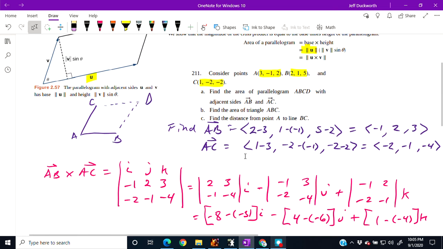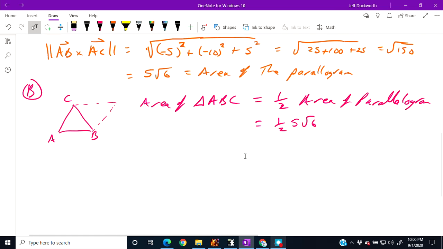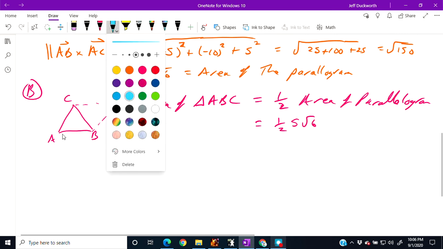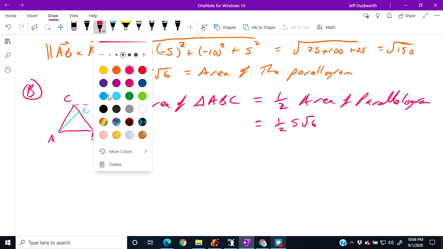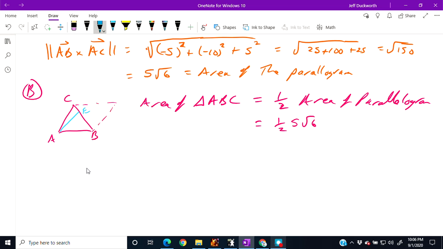And part C, the distance from point A to the line BC. So we're looking for this distance here. So I'm going to label another point E. We're looking for that distance, assuming the closest point there, essentially the height. So that length, AE, is what we're looking for.